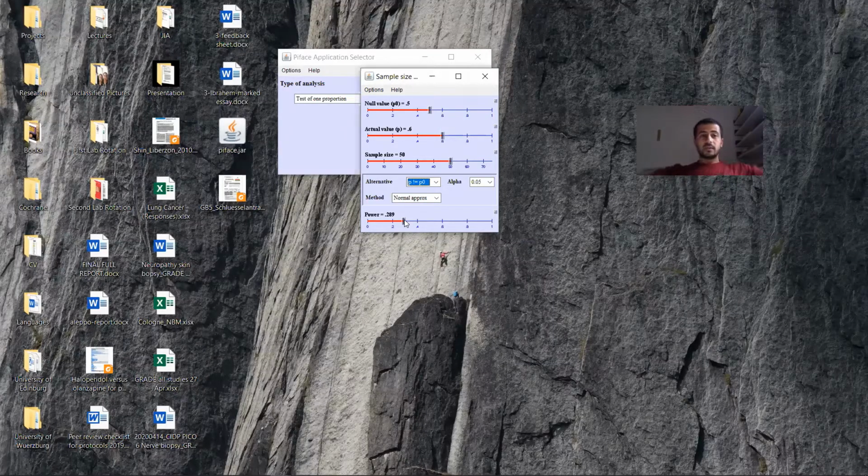So if there is a difference, I need to get it in at least 80% of the cases. This is acceptable. So I will put the power to be 80%. Look what is happening in here. Look, I'm increasing and this number is increasing. I am increasing and I am still greedy. I need 80%.